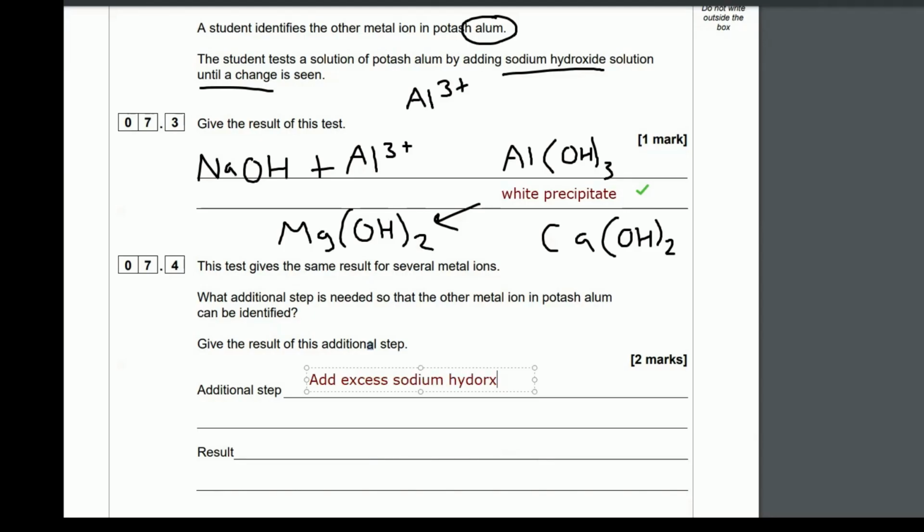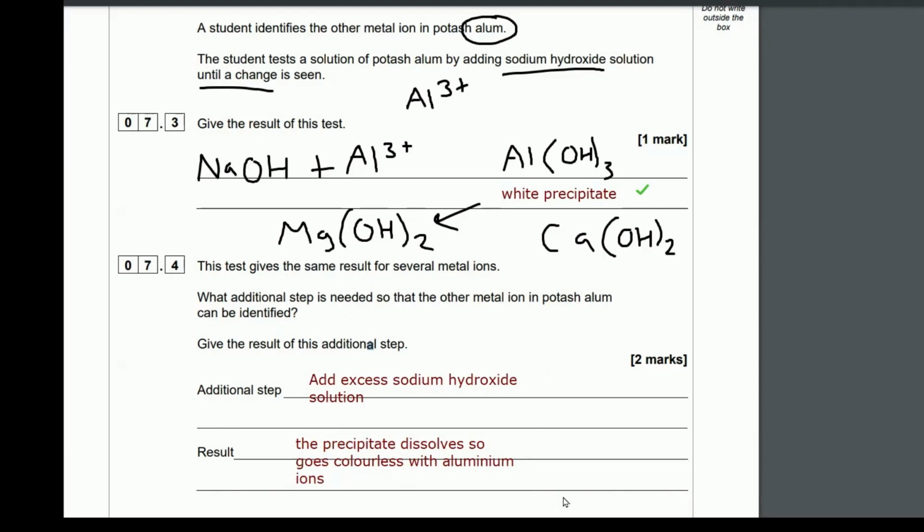sodium hydroxide solution. Right, add excess sodium hydroxide solution. The precipitate dissolves, so goes colorless with aluminium ions, which shows the presence of aluminium ions.